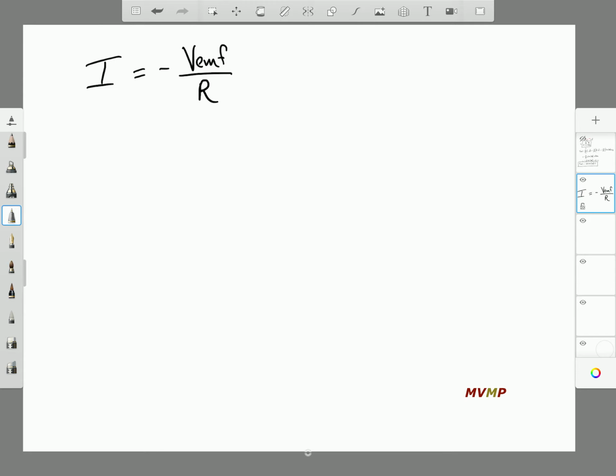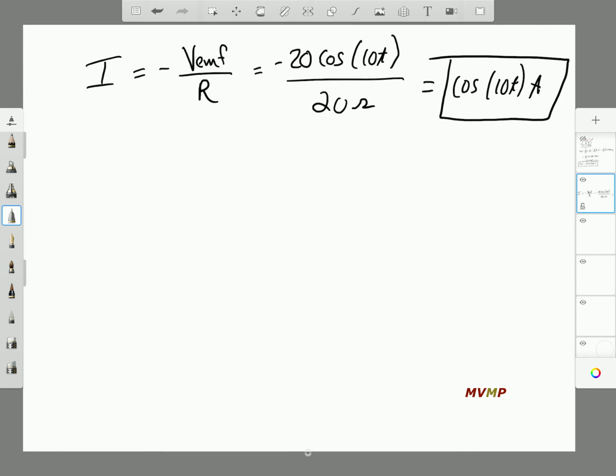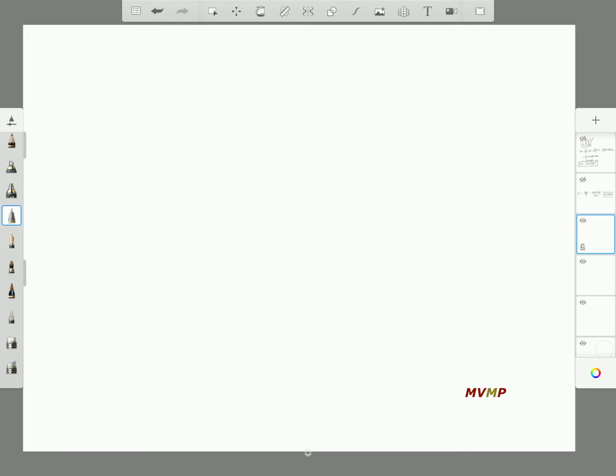So we take negative 20 cosine 10t over the 20 ohm resistor, which we get a final answer of cosine 10t amps. And then the final part says calculate the power dissipated by the resistor, that is 20 ohms.